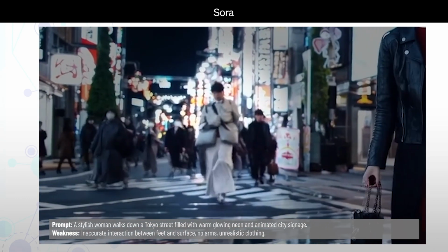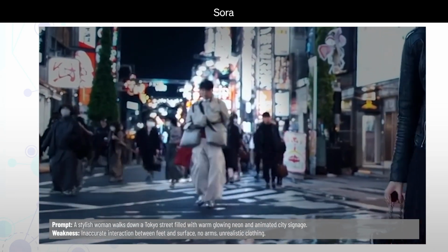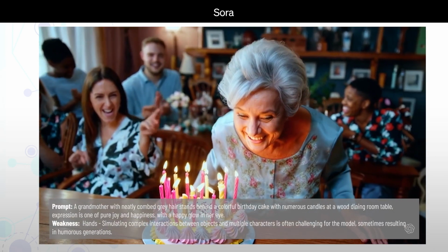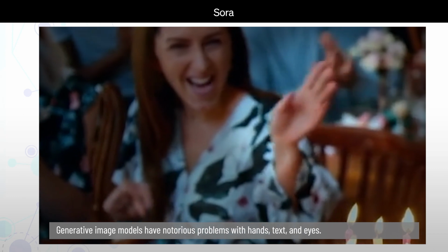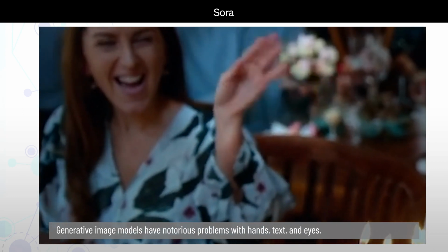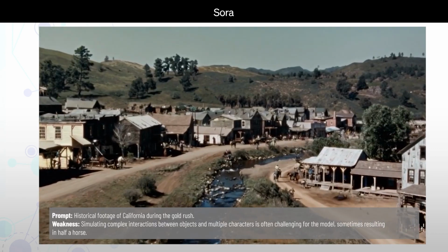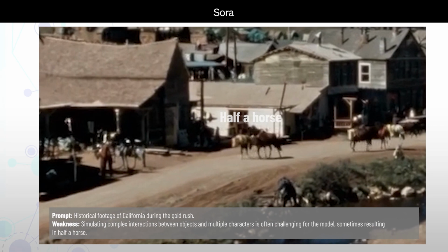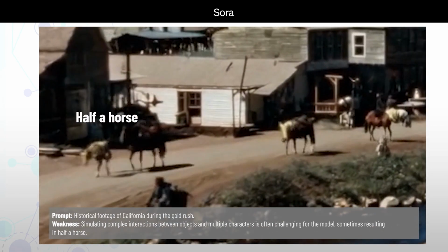And again, you'll notice it has problems with motion, how things move, how things propel. AI has always had problems with hands, and it continues to have those sorts of challenges. Large, complex scenes tends to create interesting anomalies like half a horse.